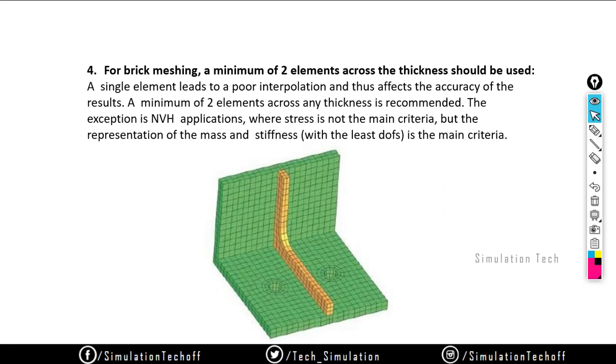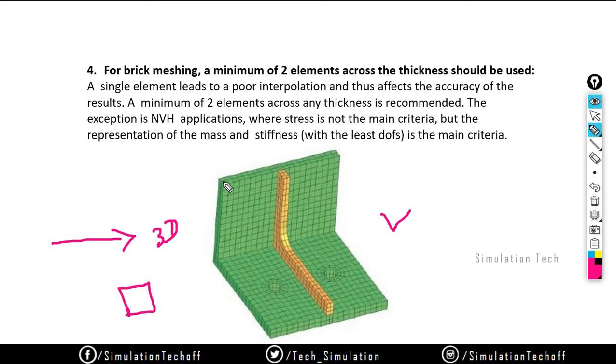The fourth point is, for brick meshing, a minimum of 2 elements across the thickness should be used. Whenever this is a surface model, but suppose you want to do it as a 3D analysis, you can't mesh it as a single element segment.